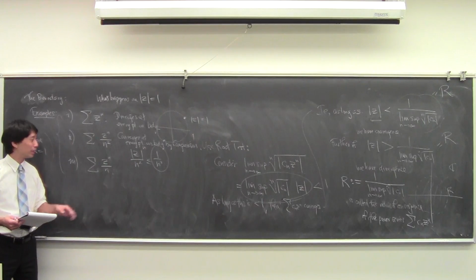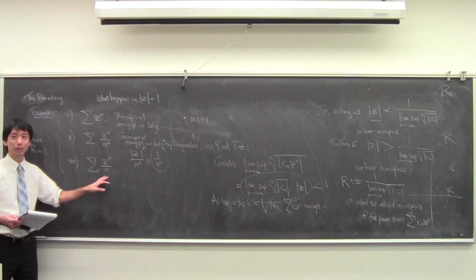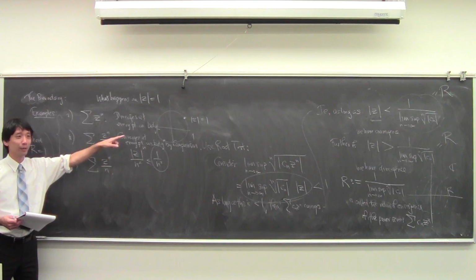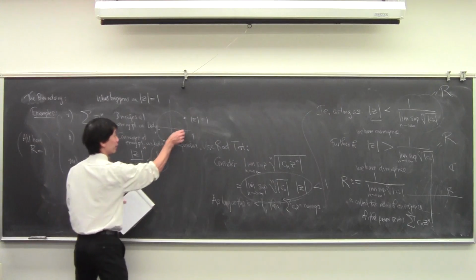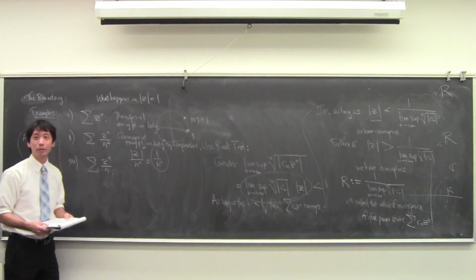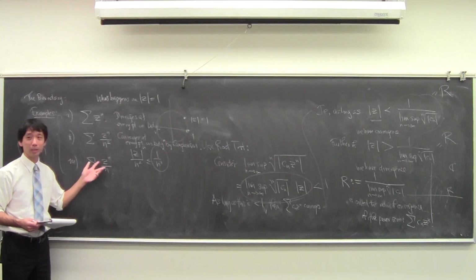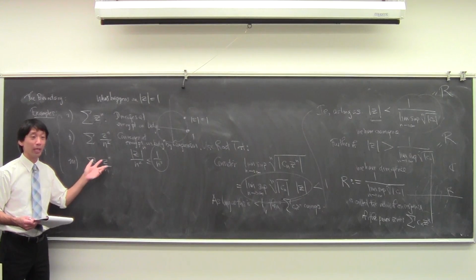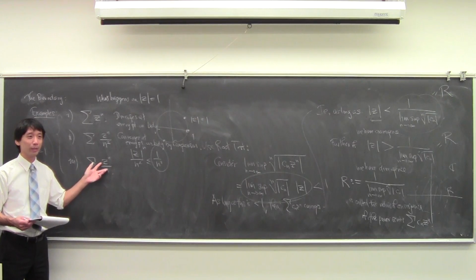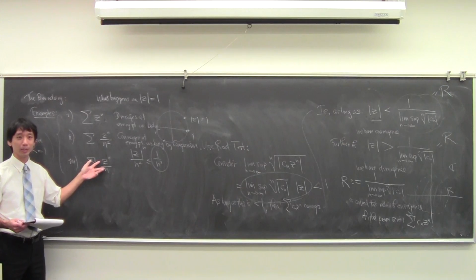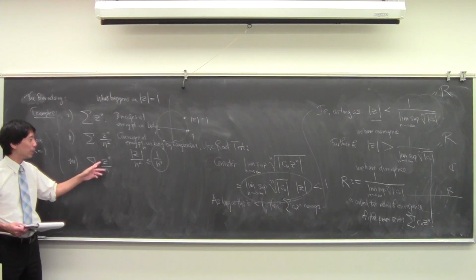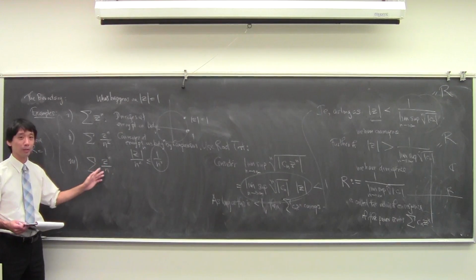You can probably say one thing about it. When we're here, when z equals 1, we've got the sum of 1 over n, and we know that guy diverges. That's the harmonic series. Remember the p-series yesterday: 1 over n to the p diverges if p is less than or equal to 1.